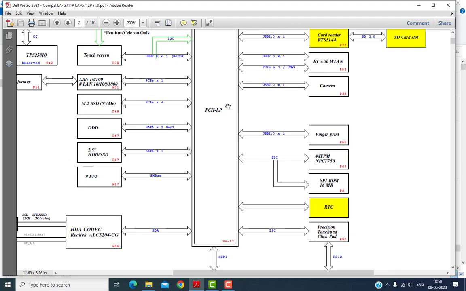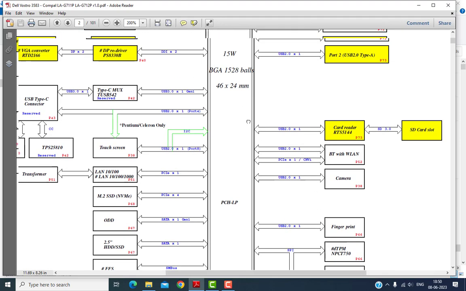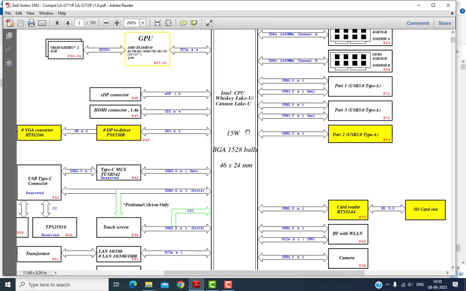So different components are connected to the CPU. This is a single chip, like on 4th generation onwards, everything is on the CPU. So it's called the SOC, system on chip, that means everything is within the CPU only.